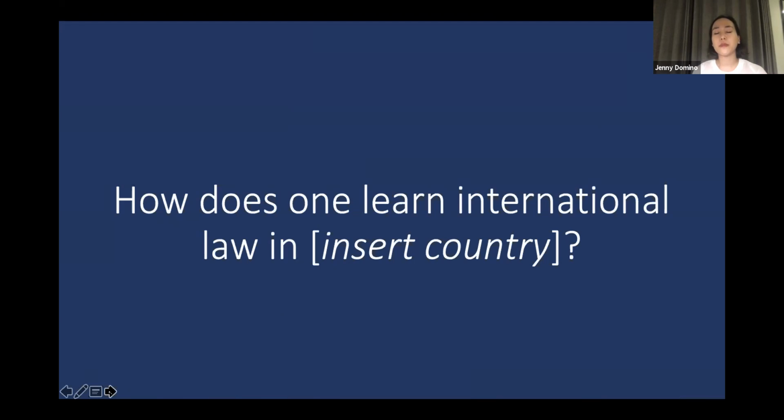I will illustrate the points that I'm going to make by using examples from two countries that I've worked in, Myanmar and the Philippines. Notably, these two countries in Southeast Asia have pending proceedings at the International Criminal Court. My reflection draws from various experiences. Here in Myanmar, I previously taught human rights and international criminal law to human rights defenders in a workshop and through a short course in 2019.